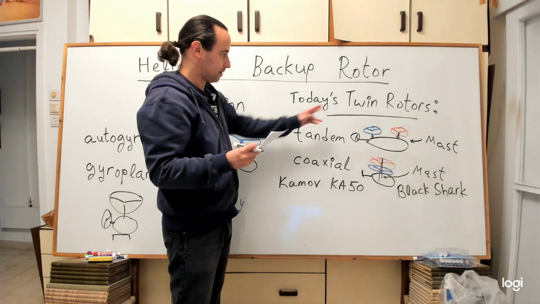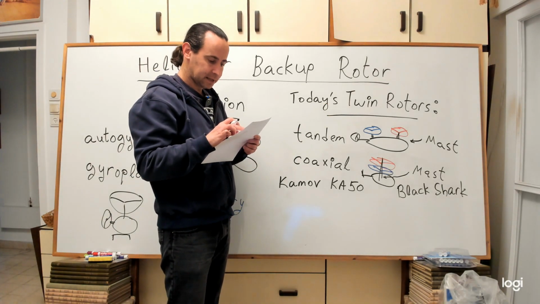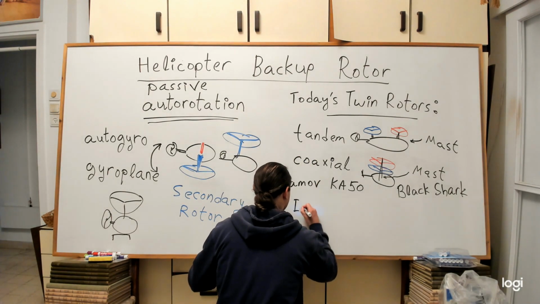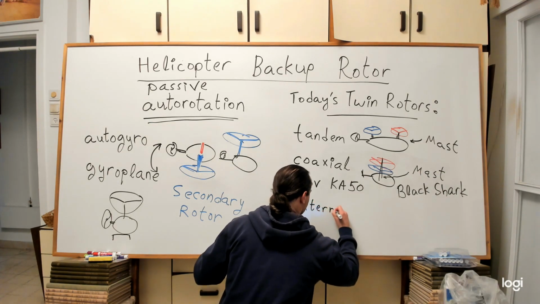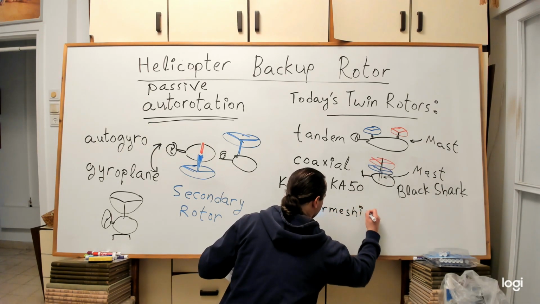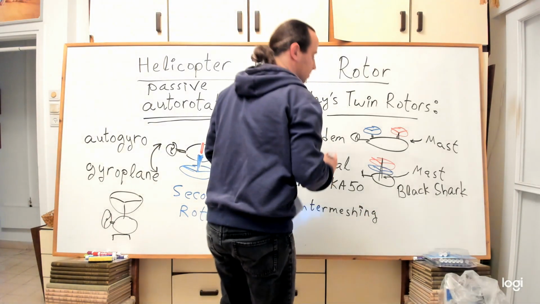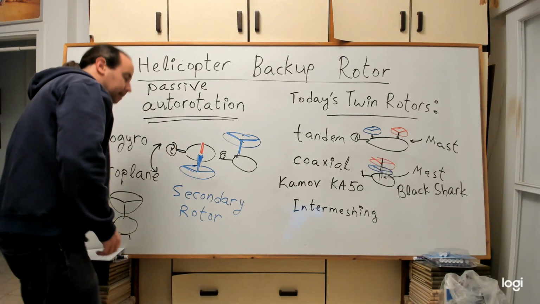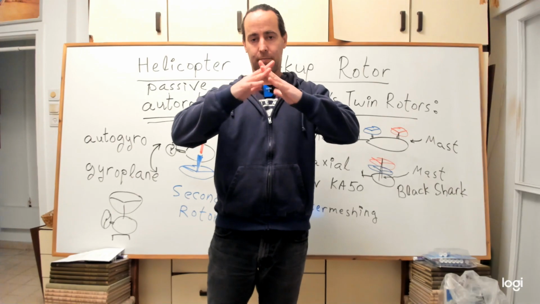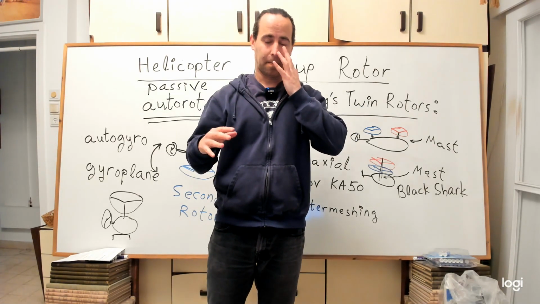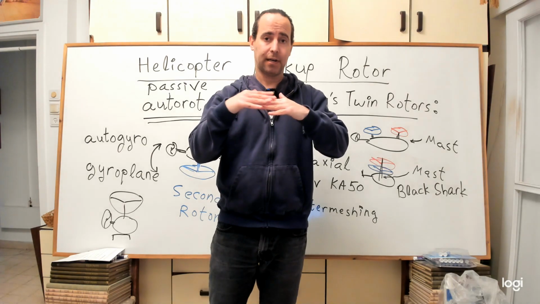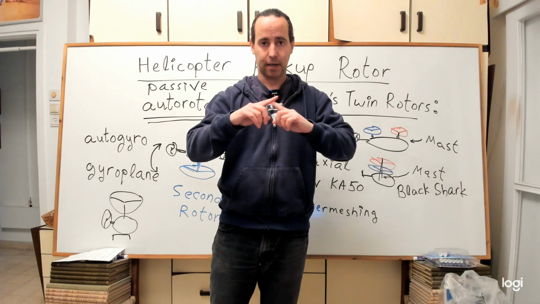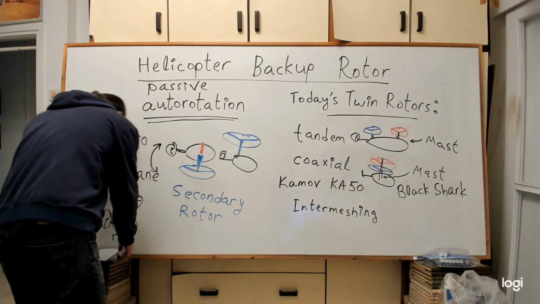Other designs of twin rotors, just to make it complete: there are intermeshing rotors. Intermeshing means they are going inside one another. There is an overlap, but they design it like this so they don't crash.